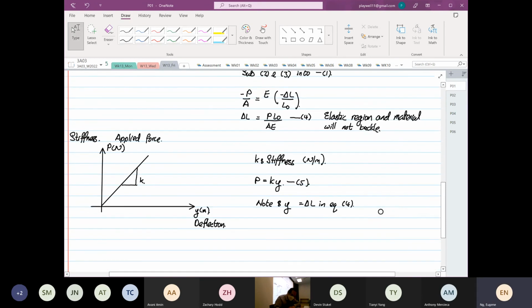So now when we equate equation 4 and 5, right?